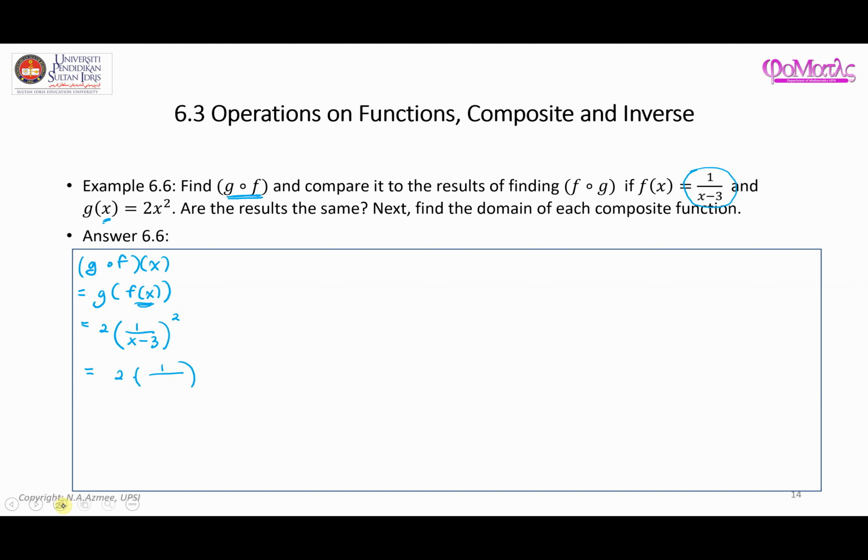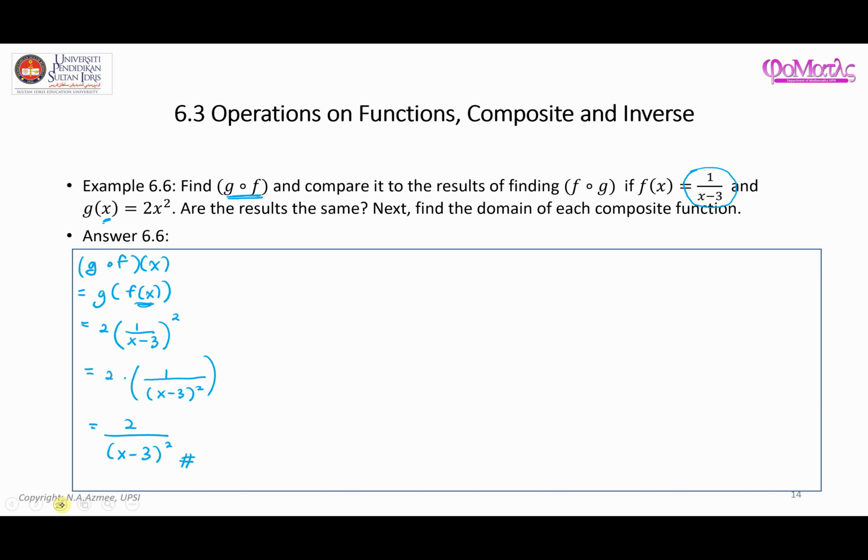I'm sorry, let me just erase that. So that would be 2 times 1 over x minus 3, squared. I don't actually need this bracket, so this will be 2 over (x minus 3) squared.